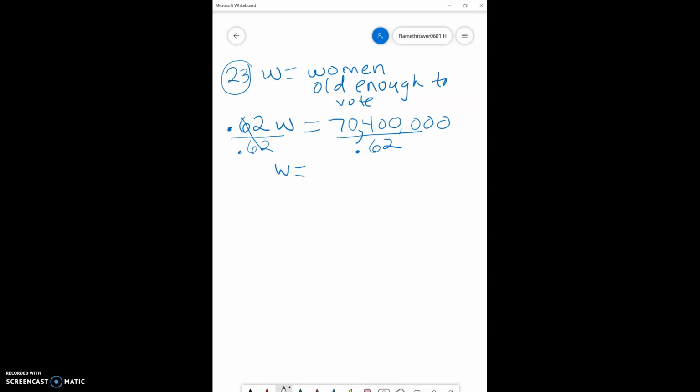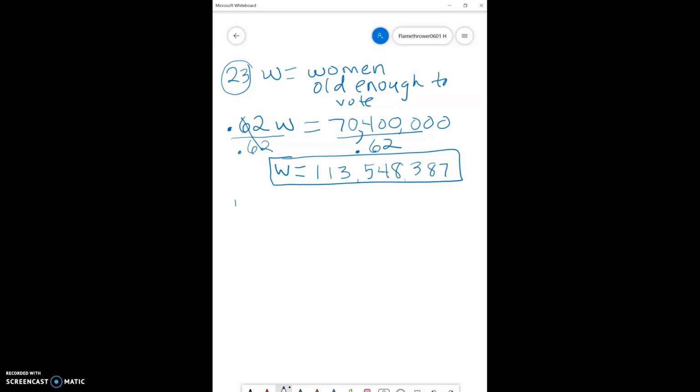When you divide, I've already done that, and I think I got 113,548,387. That's the total number of women who are old enough to vote. So that's step one.